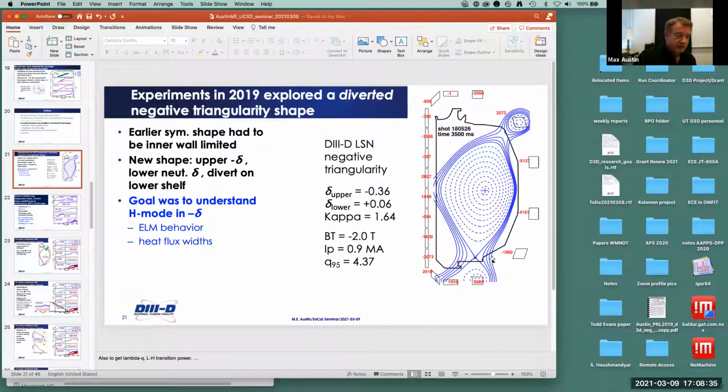As Stefano Coda reported at the AAPPS meeting, they actually found it harder to detach. This goes against some simulations done by Princeton, which show it should be easier to detach. So the short answer is we haven't done it yet. It's high on the list of things to look at. Particularly, right, using impurities to help there, knowing that they're not going to be entrained and sucked into the core.